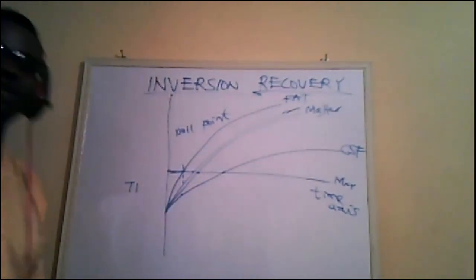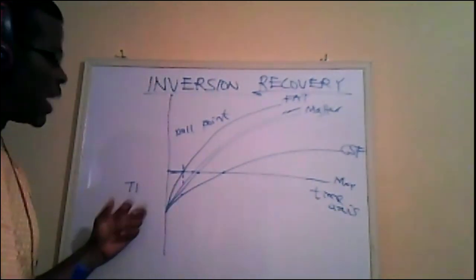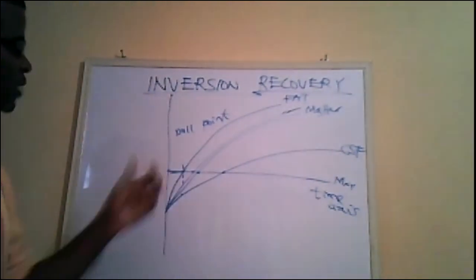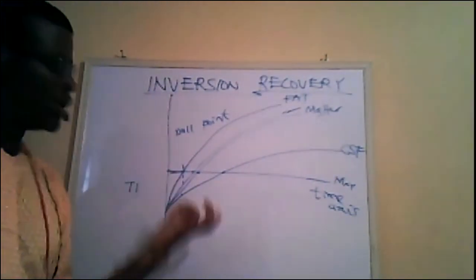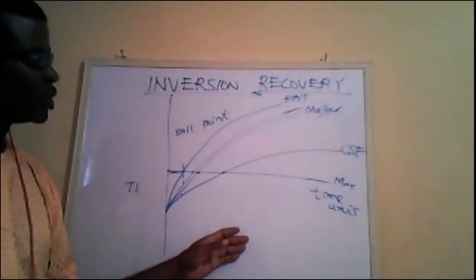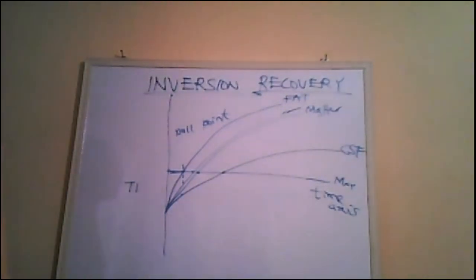If we can calculate the TI of any tissue and we apply a 90-degree pulse at that point, there won't be any contribution of that tissue in that image. So the tissue will be highly suppressed, and we say that tissue has been suppressed.